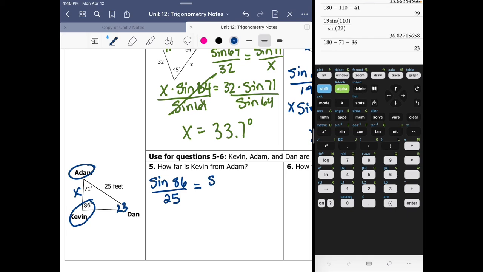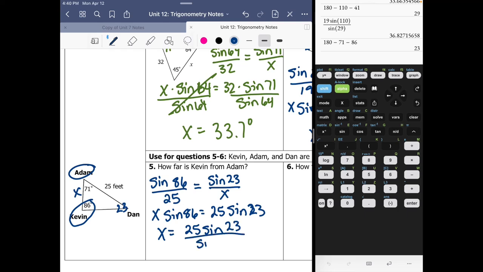So then we're going to have sine of 23 over x. And so then x sine of 86 equals 25 sine of 23. And then I'm going to do a shortcut, 25. This is what I should have done on the previous one. Over sine of 86, and then we can just say what that equals at the end.